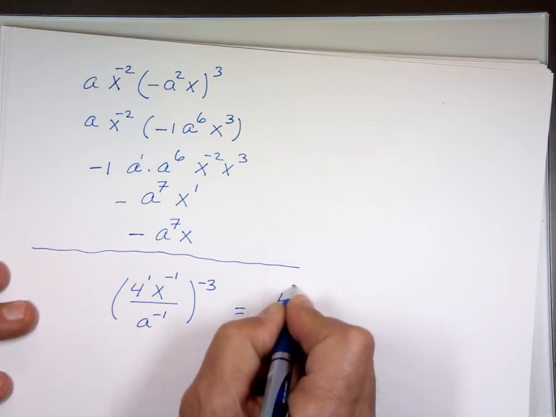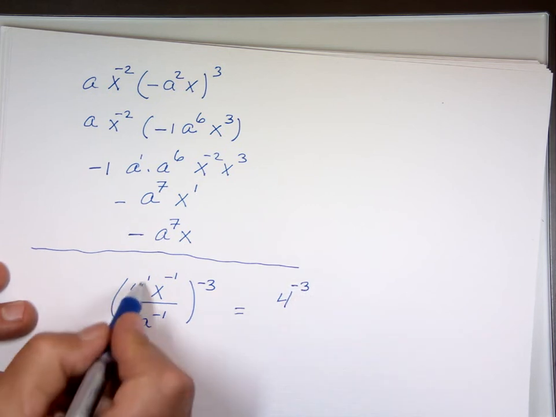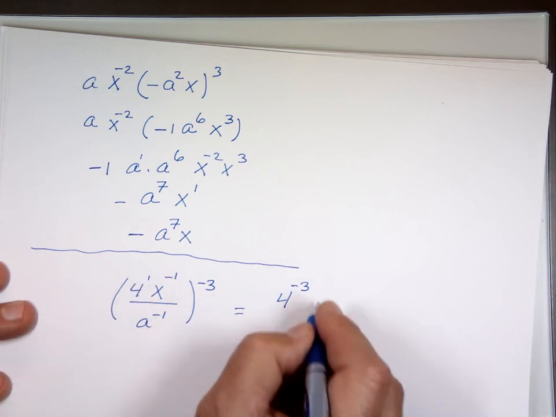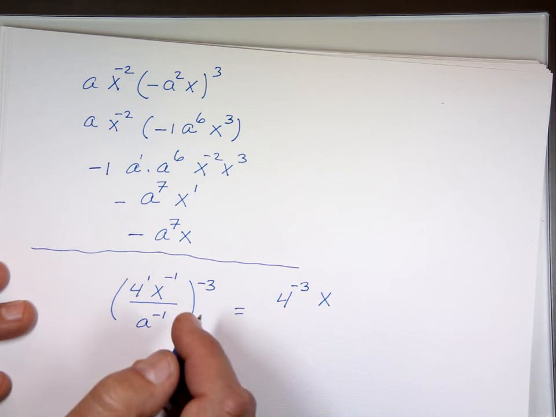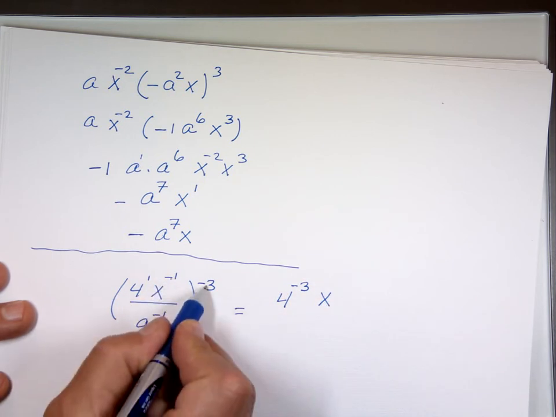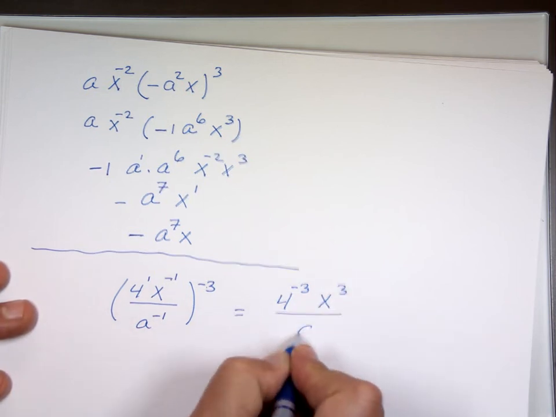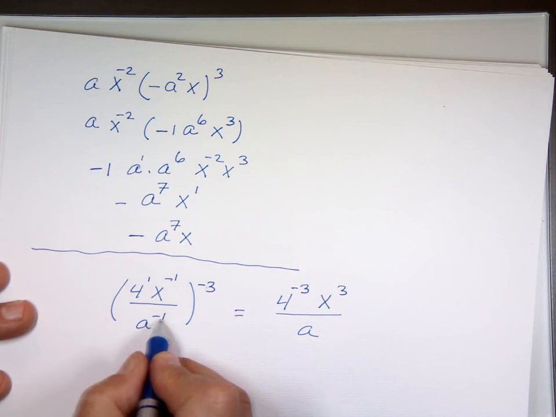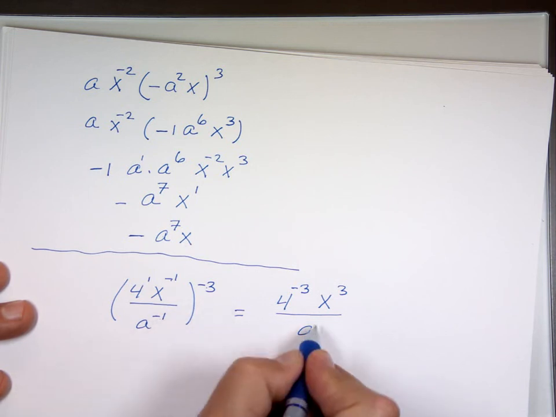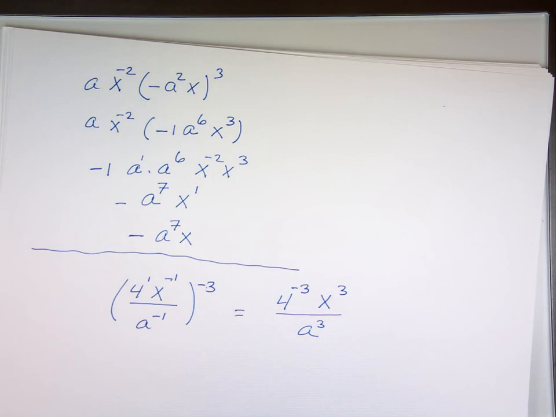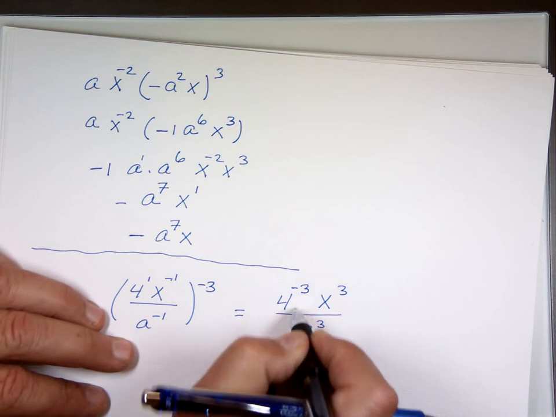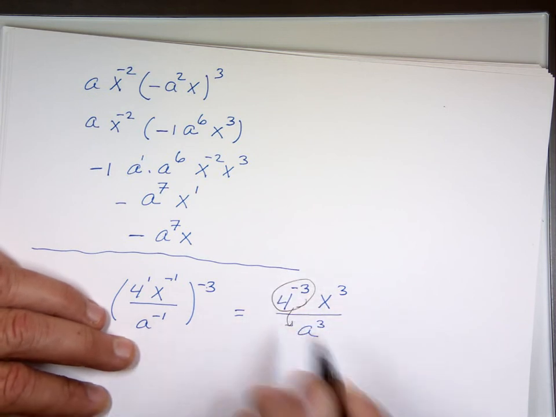Negative 3. 1 times a negative 3 is negative 3. X to what power? What's negative 1 times a negative 3? Positive 3. And A to what power? What's negative 1 times negative 3? That's 3. I don't like negative exponents. Cross the line, change the sign. Take that negative exponent, bring it down here.